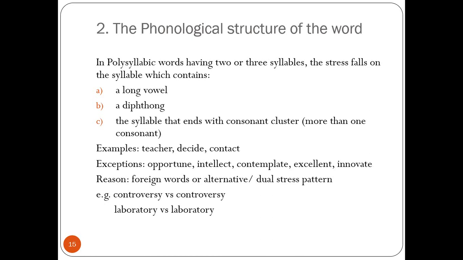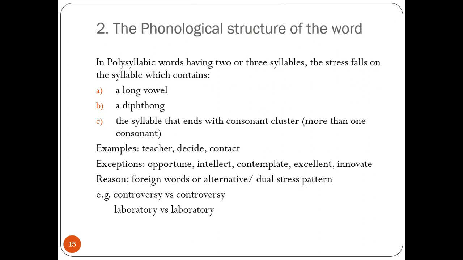So it has a cluster, k and t. This syllable ends with a consonant cluster of two or more consonants, so that's why this syllable must be stressed. Which syllable? The last one, which ends with a cluster.